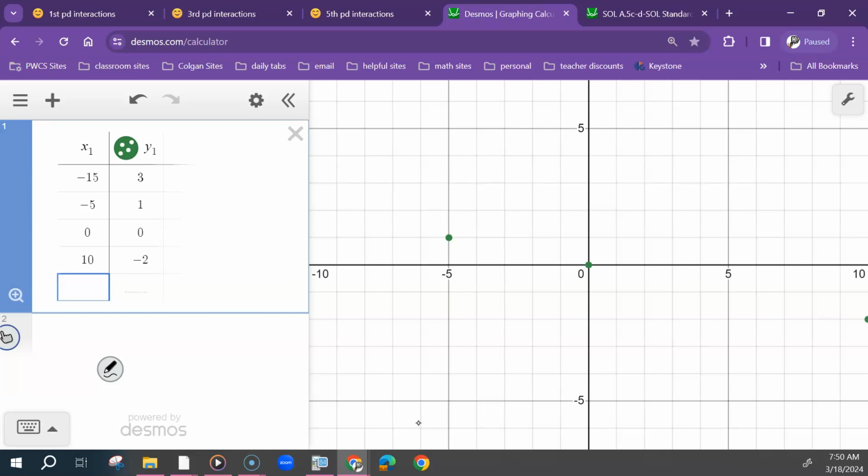They seem to make a line that goes to the origin, so that's telling me it should be direct, but all of the constant k's, the slope has to be the same.